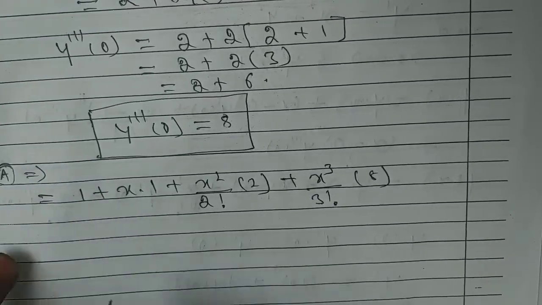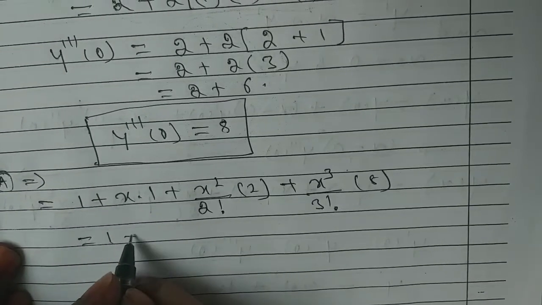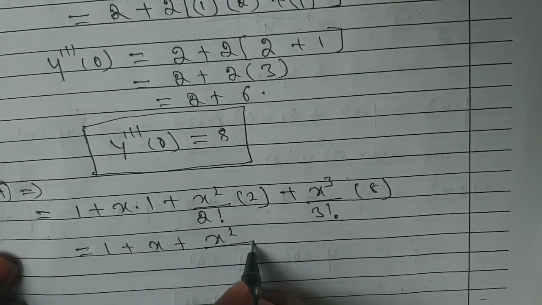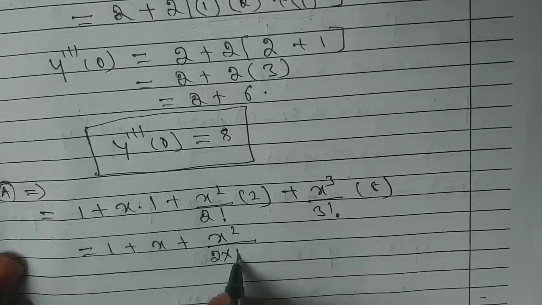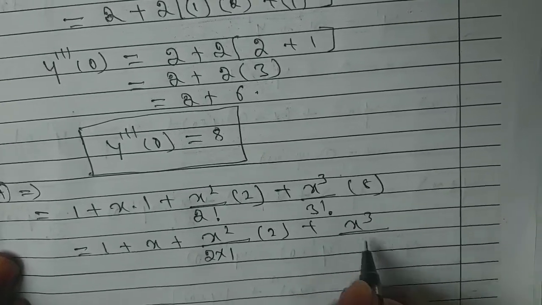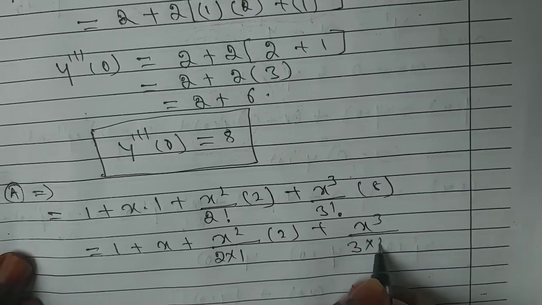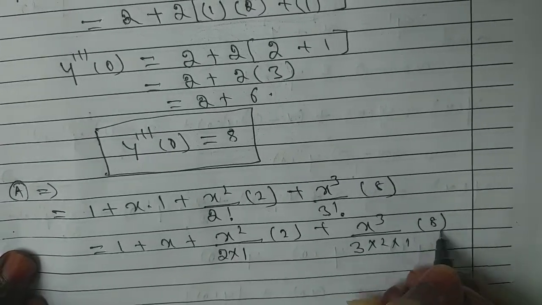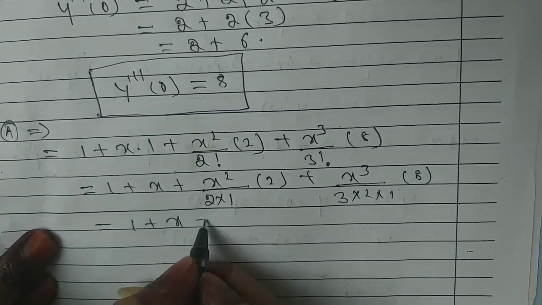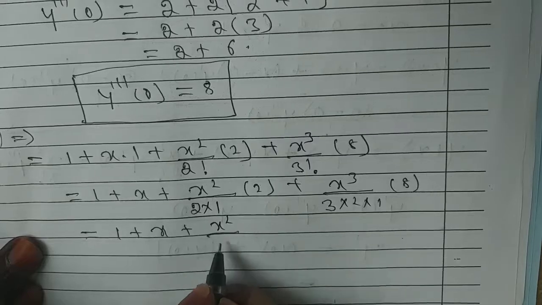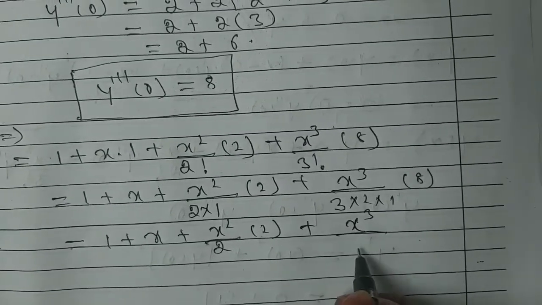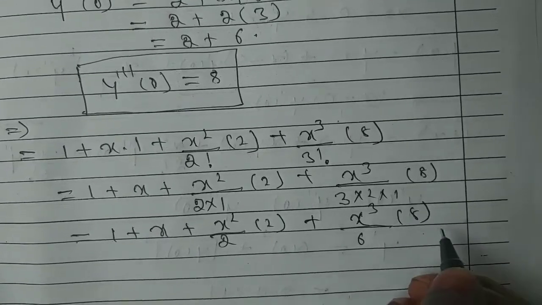Equation A becomes 1 plus x plus x square by 2 into 1 into 2, plus x cube by 3 into 2 into 1 into 8, which is 1 plus x plus x square by 2 into 2, plus x cube by 6 into 8.